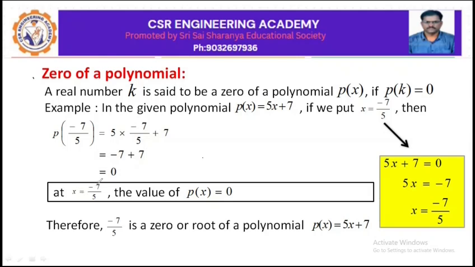At x = −7/5, the value of p(x) is 0. So therefore, −7/5 is a zero or root of the polynomial p(x) = 5x + 7.